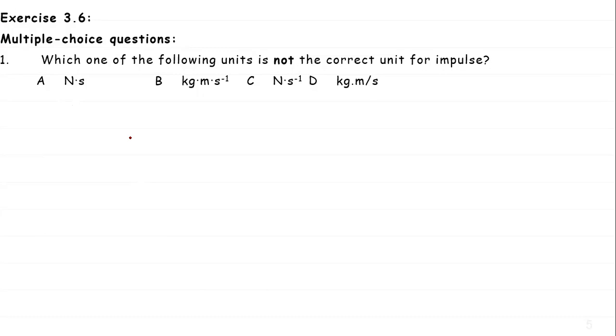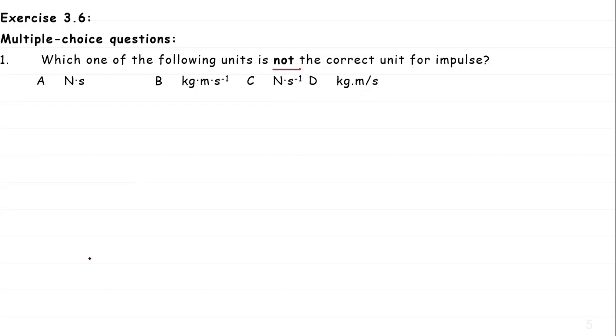In other words, eliminating answers that are completely wrong, and you are likely to be left with 2 answers, and you will always have the most correct answer, which is the only answer that is correct. So they ask us, which one of the following units is not the correct unit for impulse?